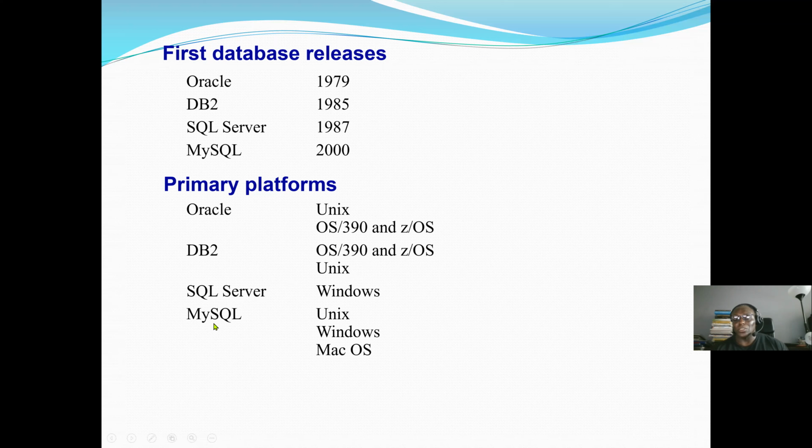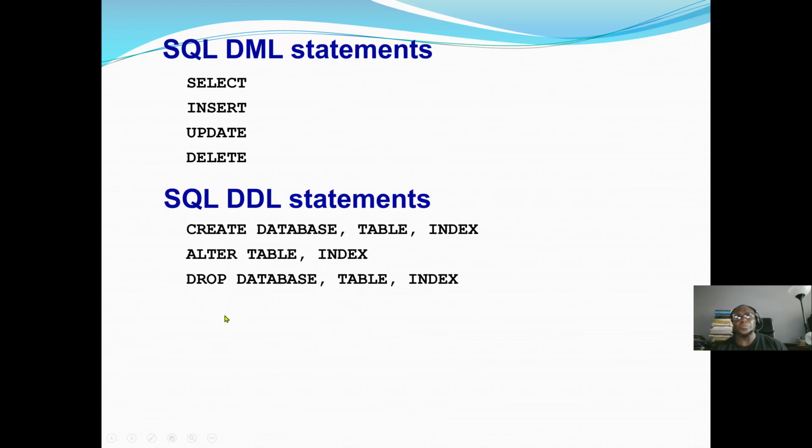MySQL is the best: it runs on the three major platforms, Unix, Windows, and also Mac OS. Again, MySQL is free and open source. Oracle belongs to a company, it's not free. DB2 is also from the IBM company, SQL Server from Microsoft. But MySQL, again, is open source and free.